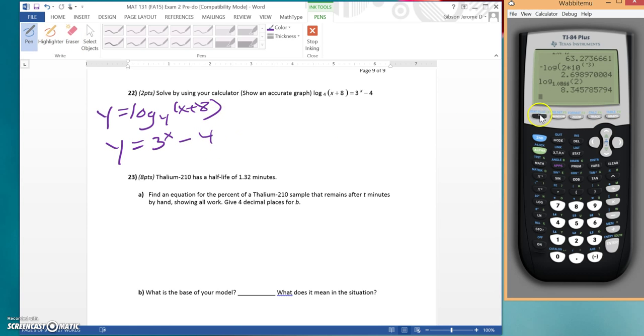So now we will press our y equals button, and then we will type in, we'll press second, window, number 5. So we want log base 4, and then in parentheses we will have x plus 8. Okay, we'll press enter. Now our y2 would be 3 to the x power.